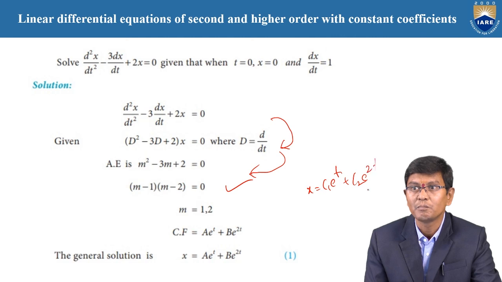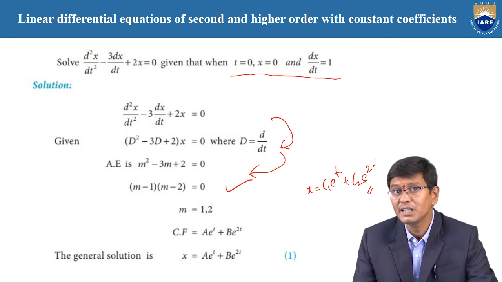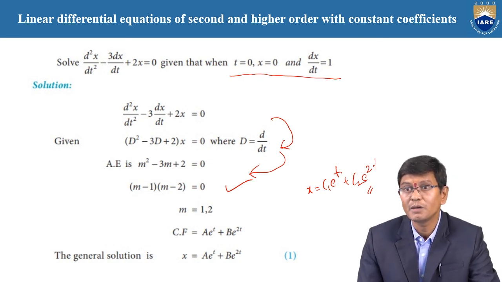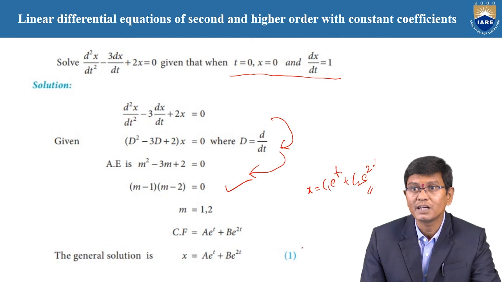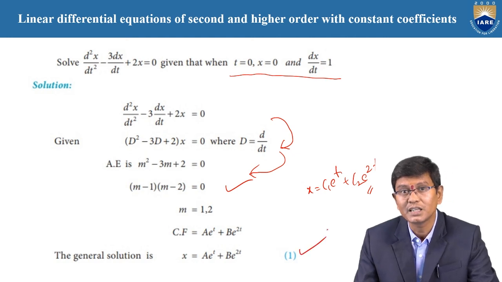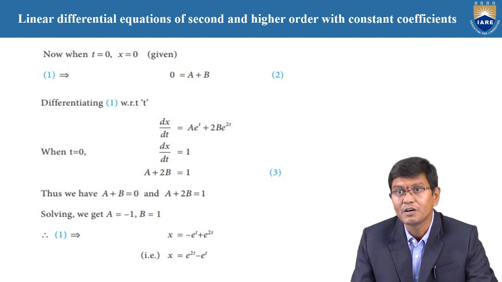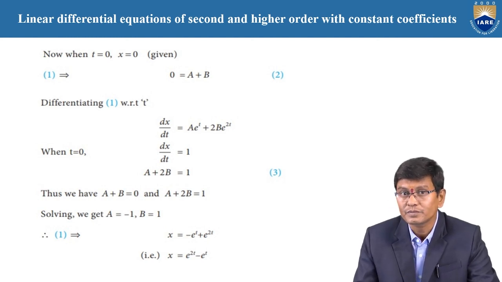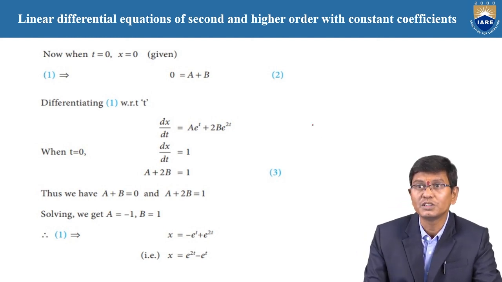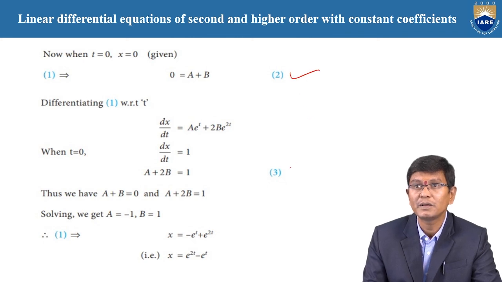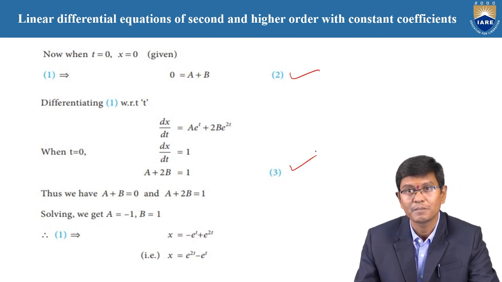But the given problem is an initial value problem. Therefore, using the initial value conditions with the help of equation 1, which we assumed as the general equation, by solving we get A plus B is equal to 0 and again A plus 2B is equal to 1.